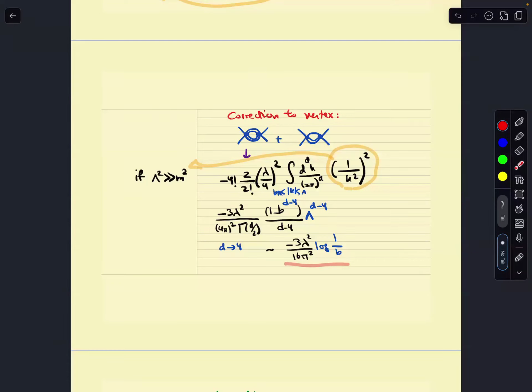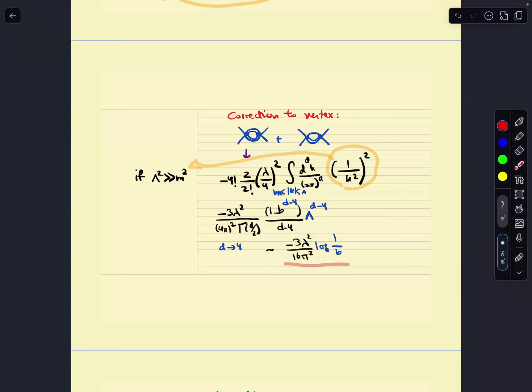Once again, we're going to assume that lambda squared is much larger than m squared. So this integral, for instance, is 1 over k squared, because each of them has a propagator, but this k is in this range, right?